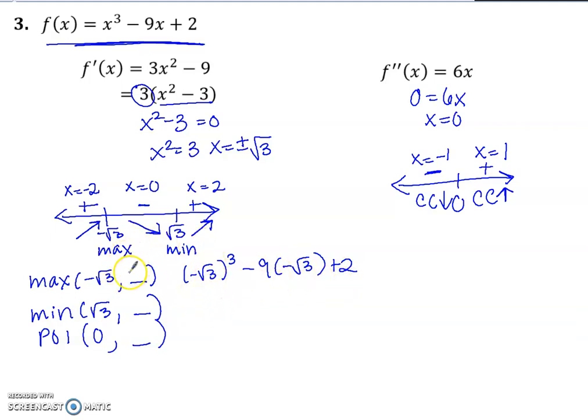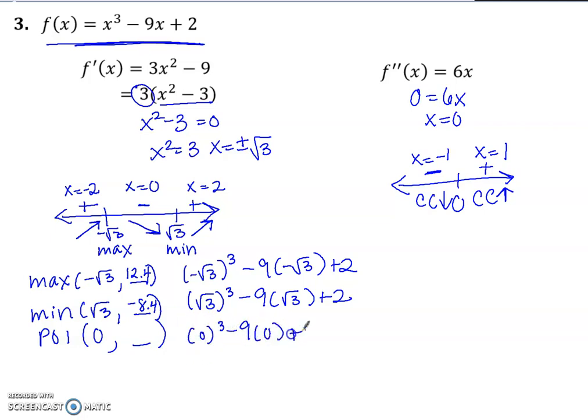We end up getting 12.4. We're going to do the same thing with √3. Again, I'm okay since we're graphing with us getting a decimal and just rounding to the tenths. You should get -8.4. And then we can plug in 0. Again, all to the original, and that comes out a nice, pretty 2.